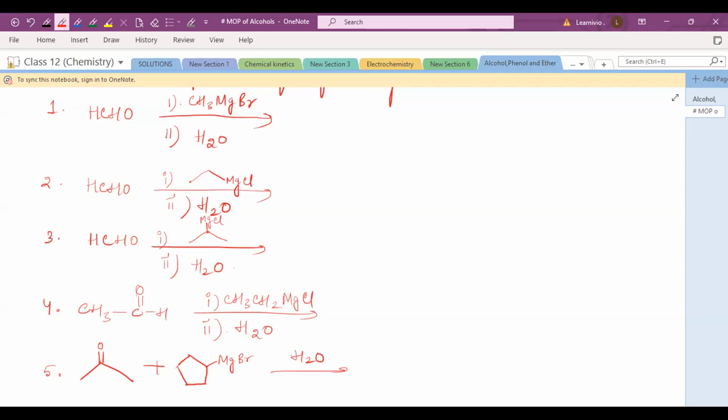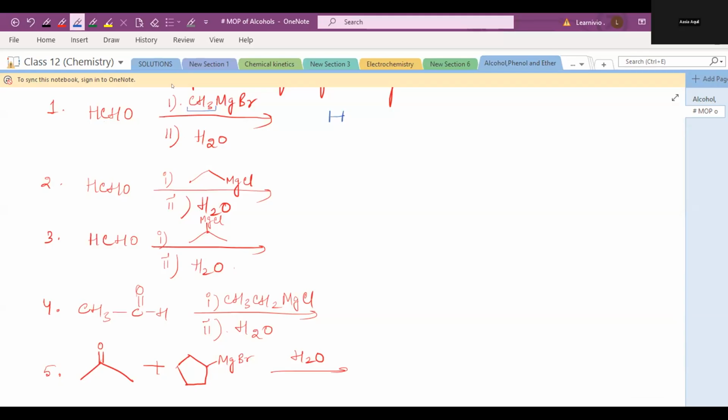Ma'am, the first one will be HCHO and CH3 will be attached to it, right? Basically, see, H bonded to C bonded to OH, and then carbon is bonded to hydrogen and CH3.